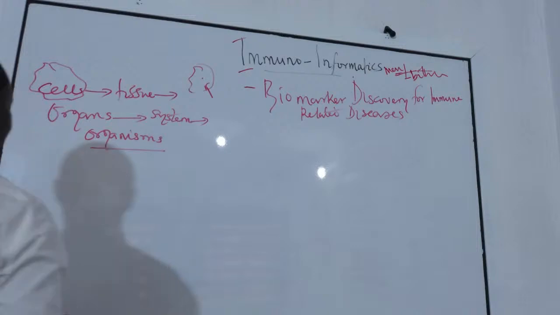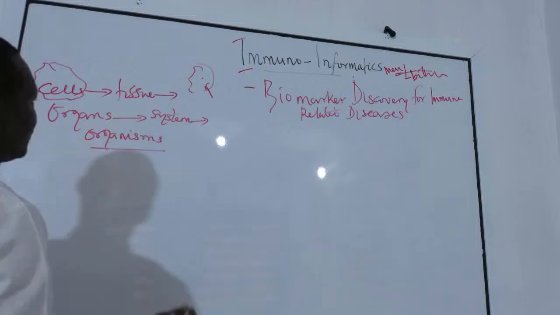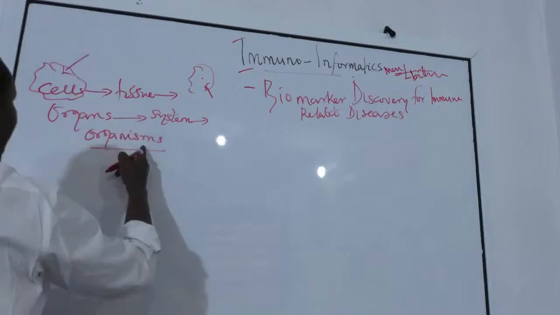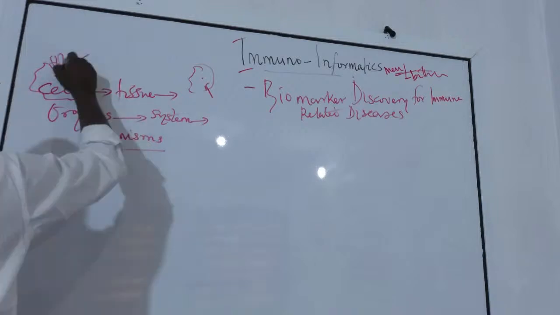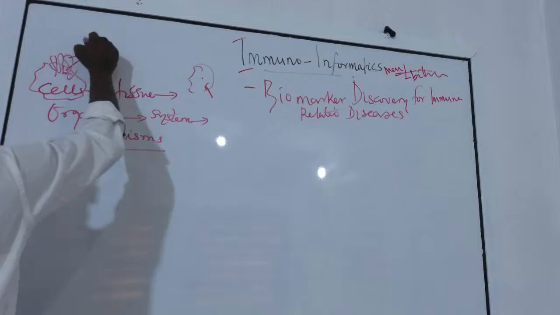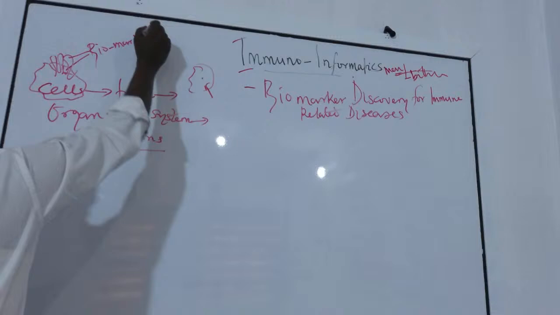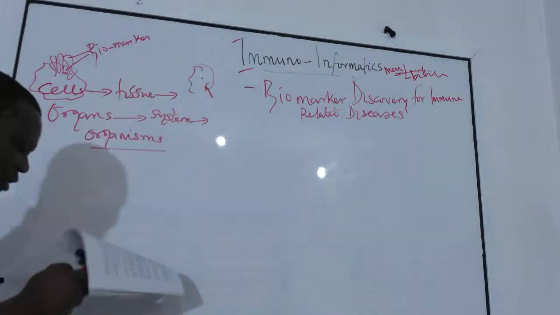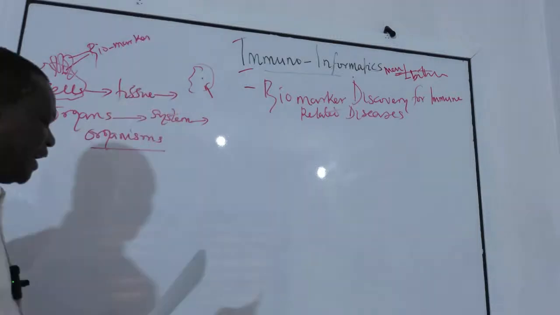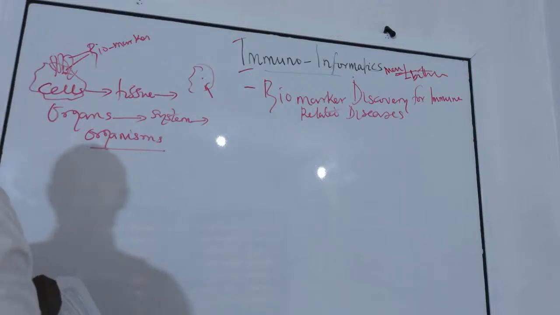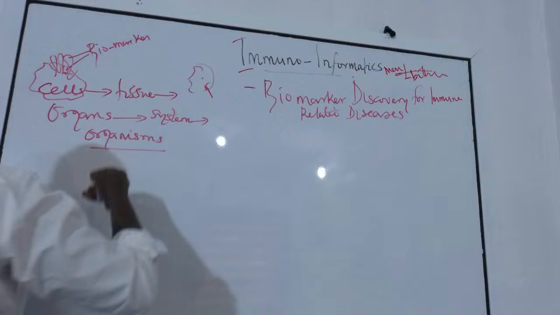So what we are saying in essence is that different cells make up, in totality, a whole organism, and each of these cells has its own biomarkers, that is, red flags, displayed on its surface.